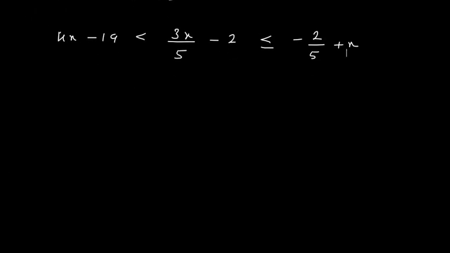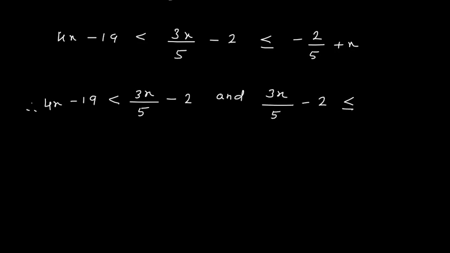So we split it into parts for solving. We will say 4x minus 19 is less than 3x upon 5 minus 2, and 3x upon 5 minus 2 is less than or equal to minus 2 upon 5 plus x.